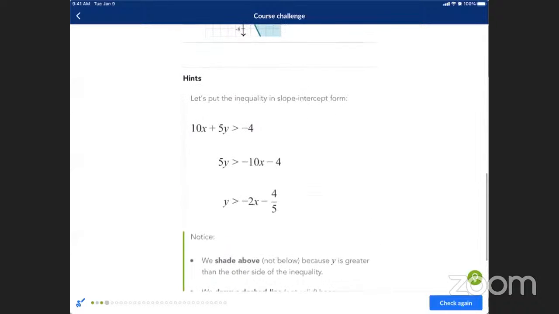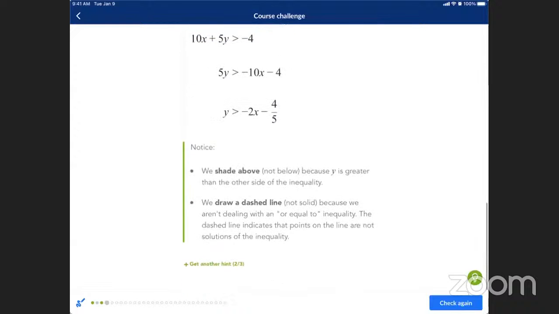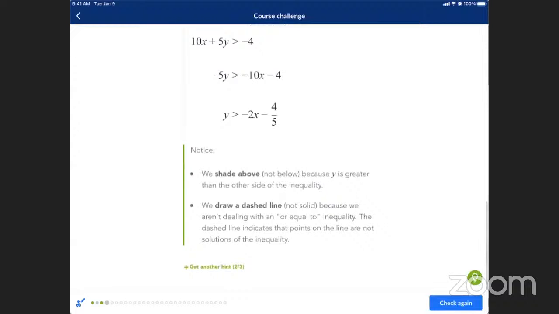So what happens here is that we solve for this, we get the negative times 2 is greater than, we get y is greater than negative 2x minus 4/5. And then you shade above, not below, because y is greater than the other side of the inequality. And we draw a dashed line, not a solid, because we aren't dealing with an equal-to inequality.